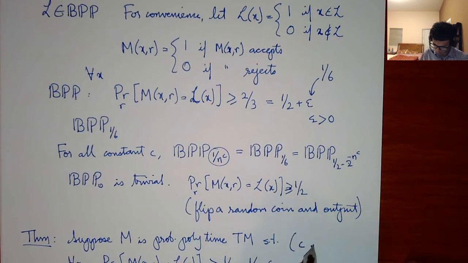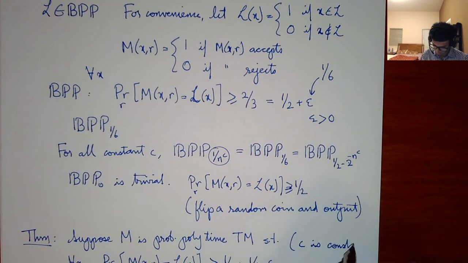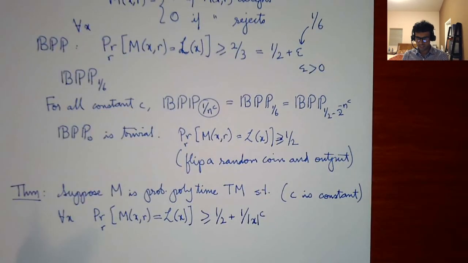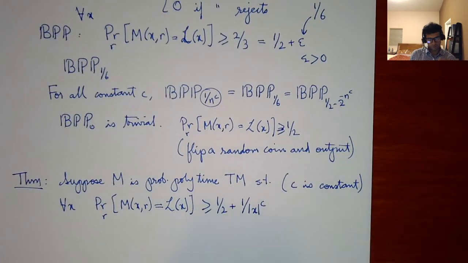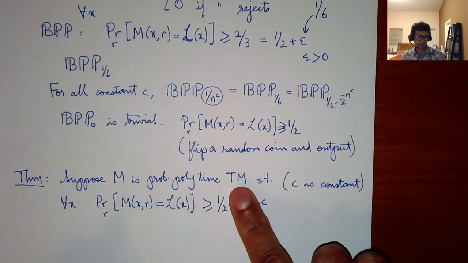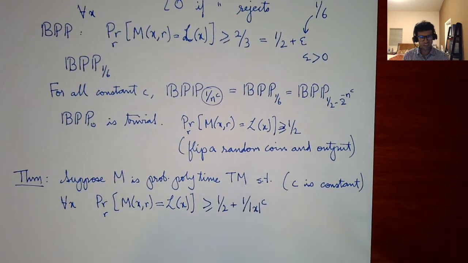So c is some constant. This is saying the probability that it's correct. If it's doing half, that's just guessing randomly. It's doing a little better than a half, but a polynomially small bias in the right direction.